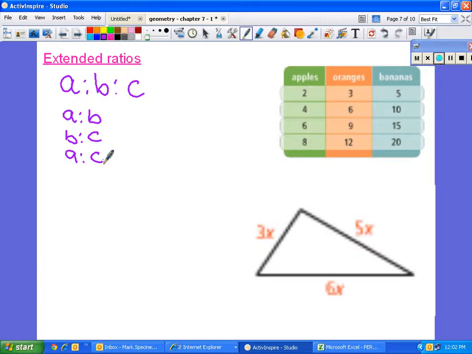So if we take a look at this chart that talks about apples, oranges, and bananas, the extended ratio would read what? How would that read?